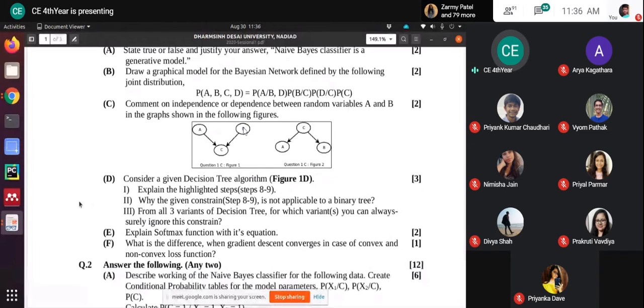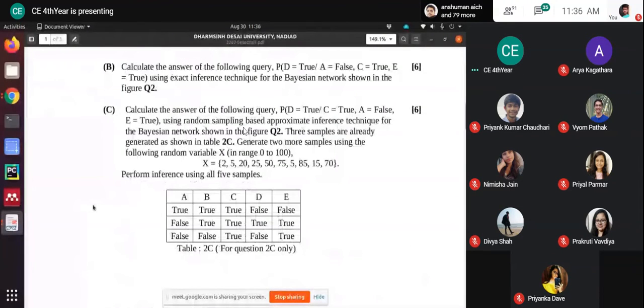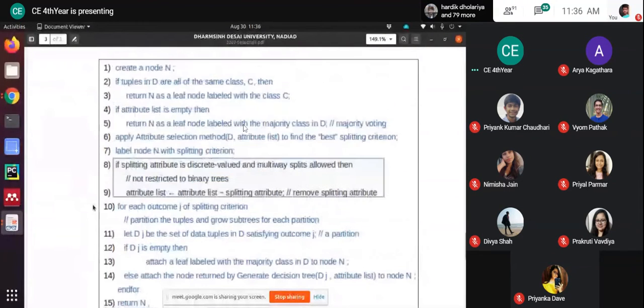So if we go to that algorithm and focus on step 8 and 9, what we are doing is removing a particular attribute from the attribute list.